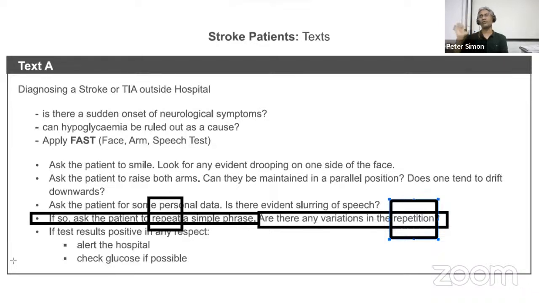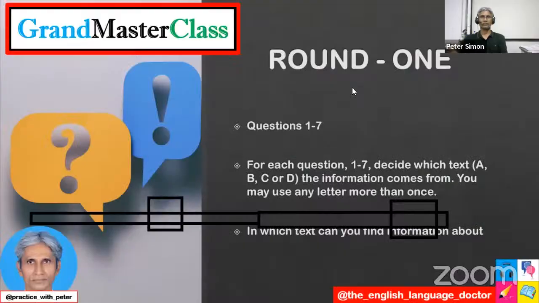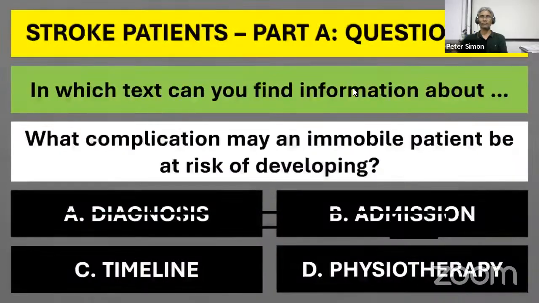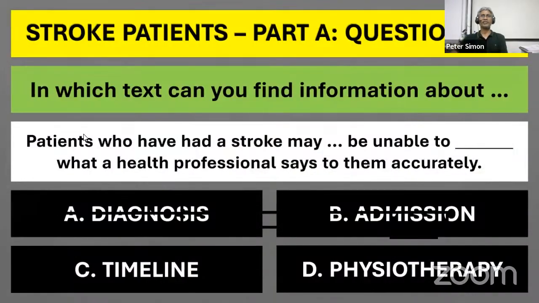According to the paragraph, you have to write. So, patients who have had a stroke may be unable to repeat what a health professional says to them accurately. As it is, he cannot say.